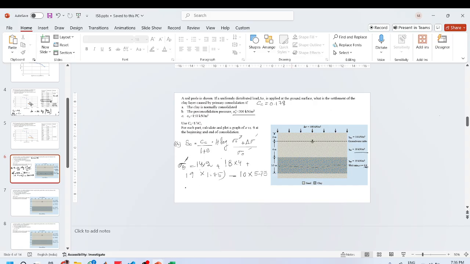Okay. So sigma naught dash at the center we calculate. I think this comes out to be 175.75.